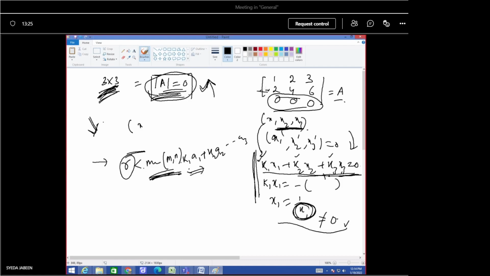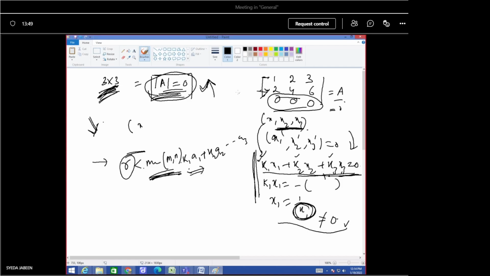Like over here, the second row is 2 times the first row. That means there is some relation. Whenever there is a relation, it is obvious that when you do the simplification, the value becomes 0. If you do the row operation and take 2 times the first row, you will get all the elements as 0. So in that case, the determinant value is 0.